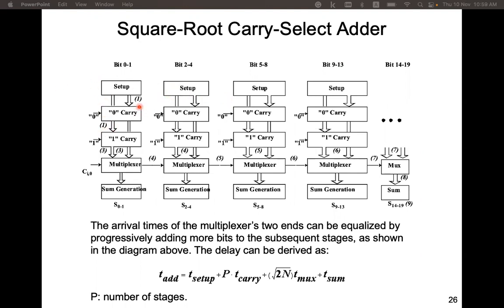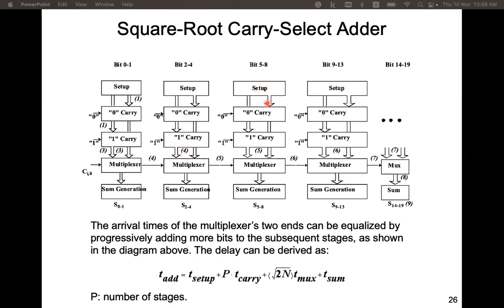Let's check the carry output arrival time of these 4 stages. Setup is 1 unit delay, and in the first stage we have 2 units delay, so the output is 1 plus 2, here is 3 units. And in the second stage, because the carry block is 3 bits wide, the output here is 1 plus 3, which is 4.